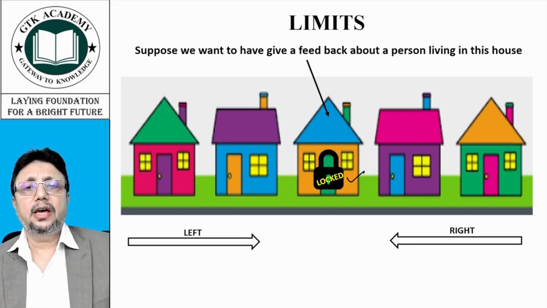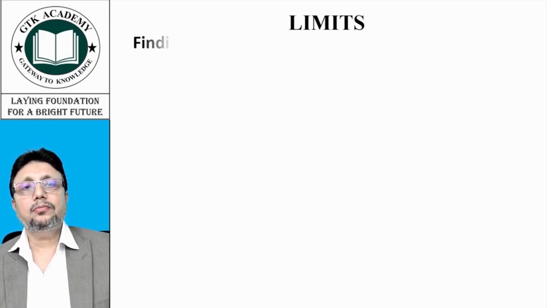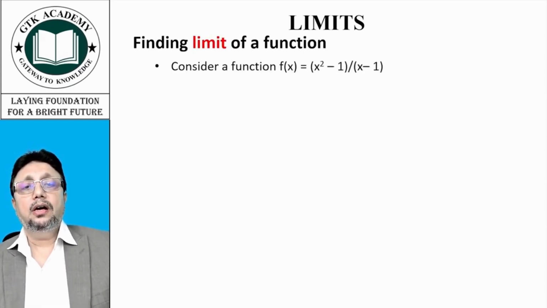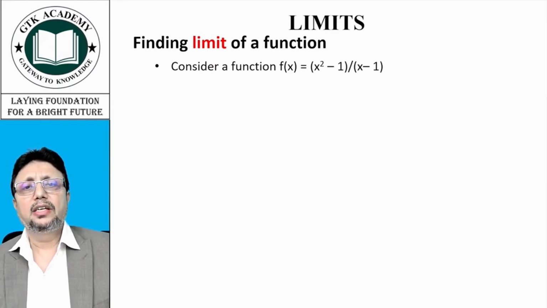So this is just an example to explain to you. Let's go again into mathematics and try to understand how we find the limit of a function. Now, consider this function f(x), or y, is equal to (x square minus 1) upon (x minus 1).